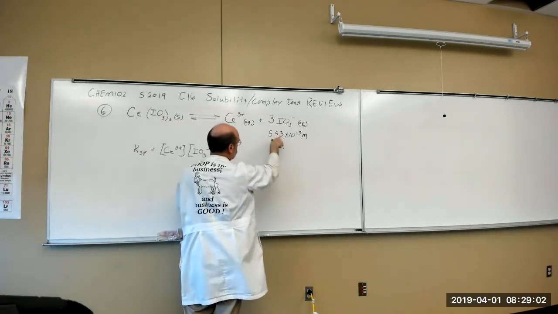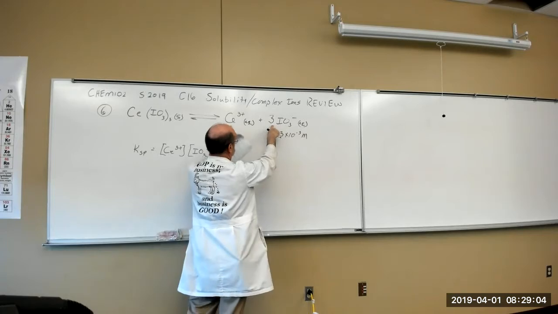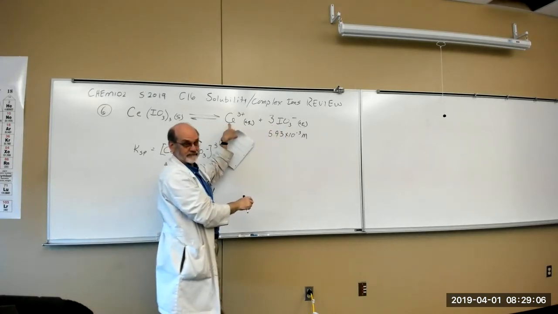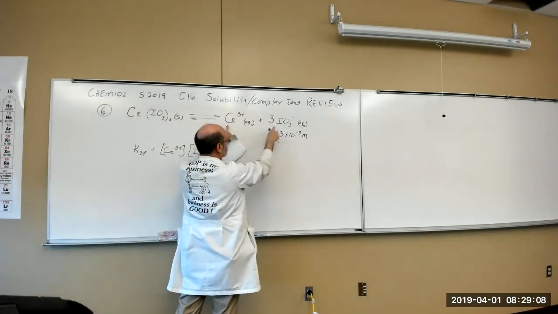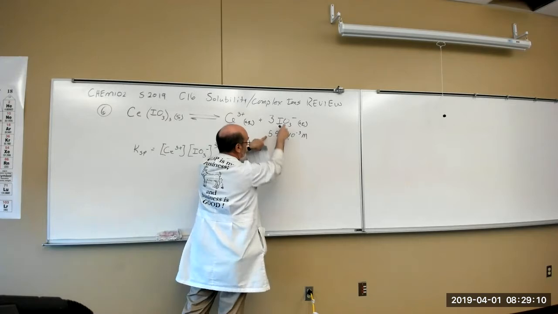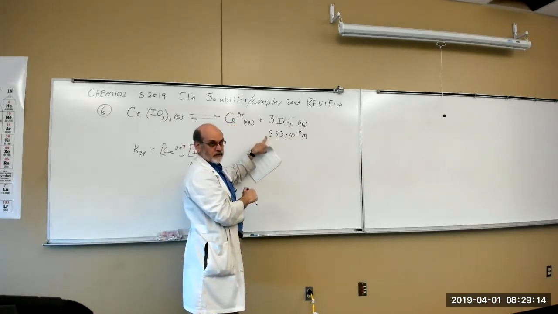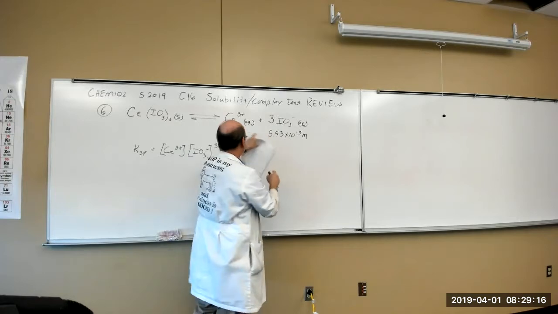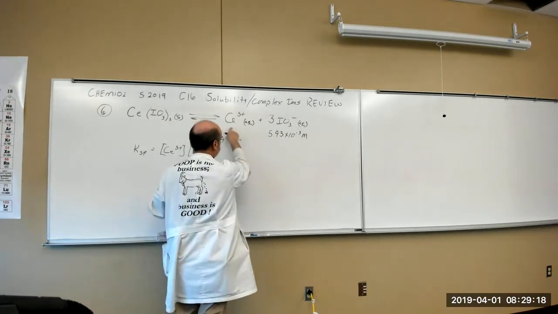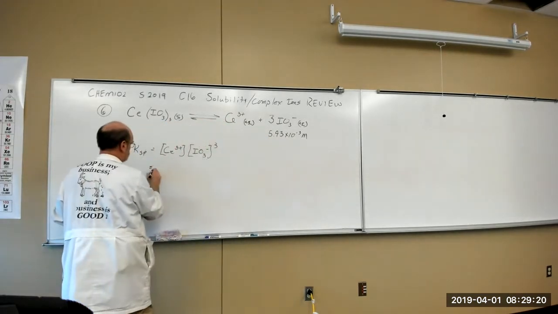And if this is that value, then this is going to be 1/3 of it. Because for every one of these, you get 3 of those, and this is 3 of those. Is that what threw you? Yeah. Okay. Yes, so this one is going to be 1/3 of that value.